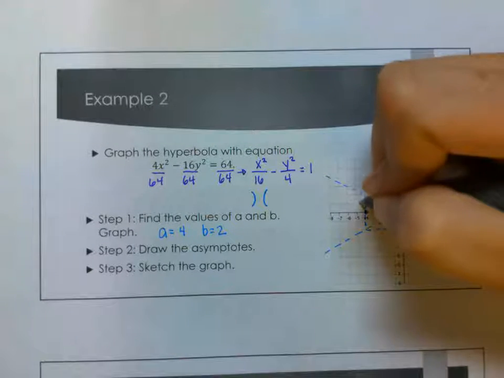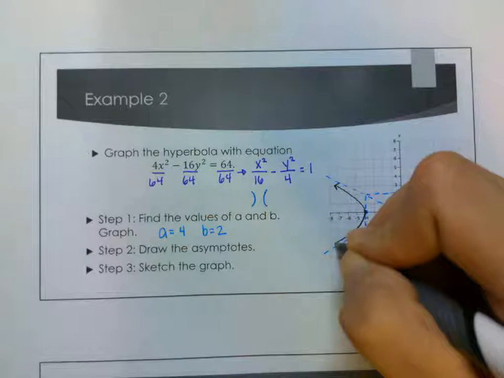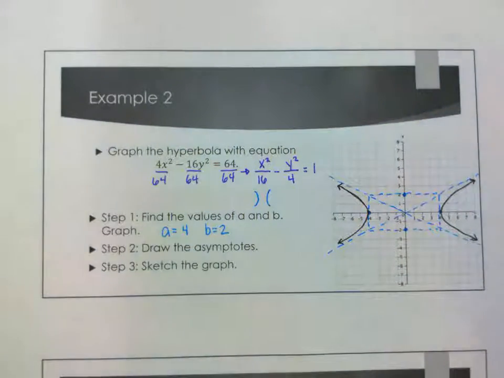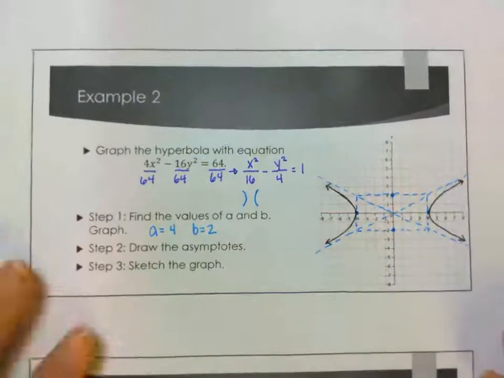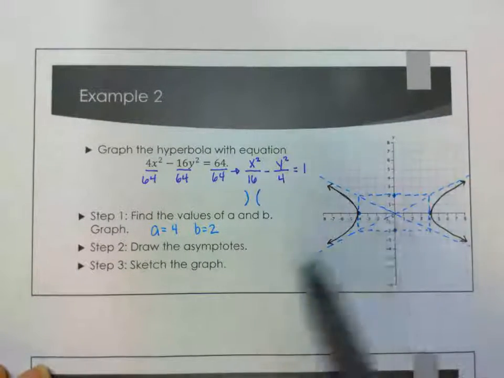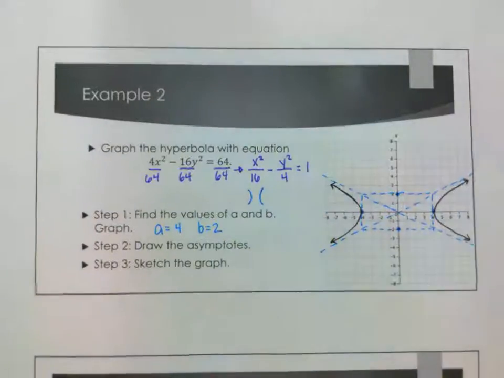Start on this one. There you go. Guys, hyperbolas are the best. I love this. So when you're finished with this, I should see a rectangle as your guideline. I should see those asymptotes and then your hyperbola opening the correct way.